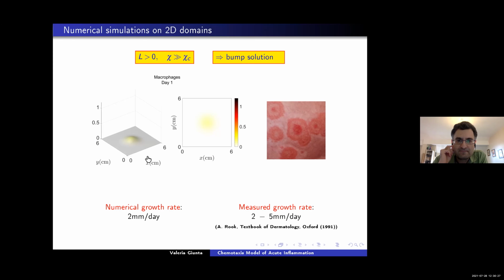The initial condition has a circular symmetry, because we imagine that if there is a pathogen, there is an activation of macrophages in the surrounding area. We try to reproduce this activation, but we really need this kind of initial condition with this symmetry.